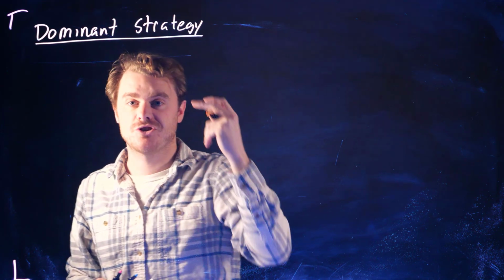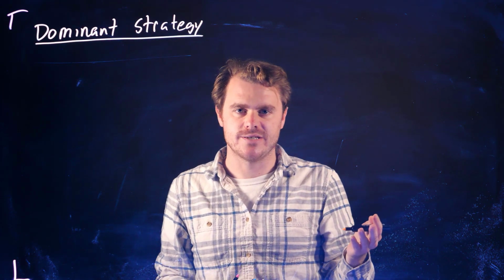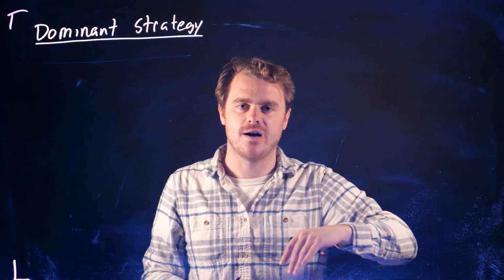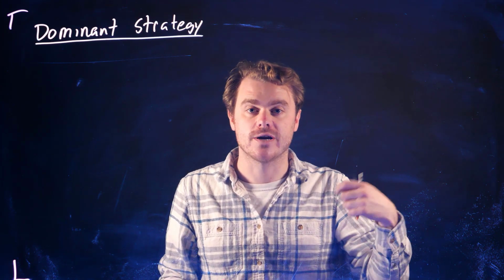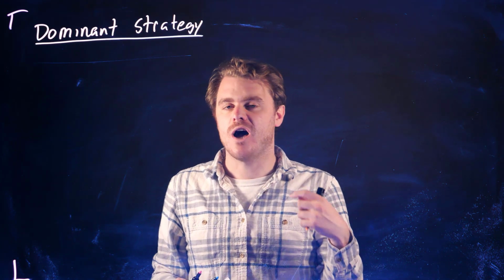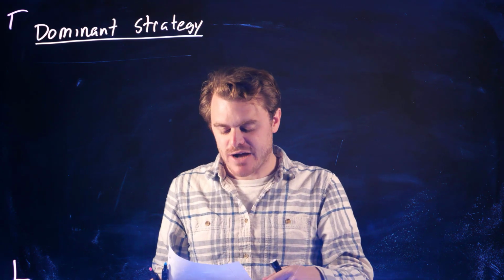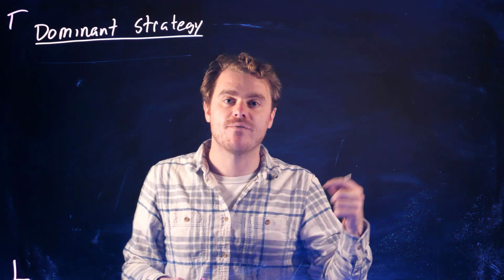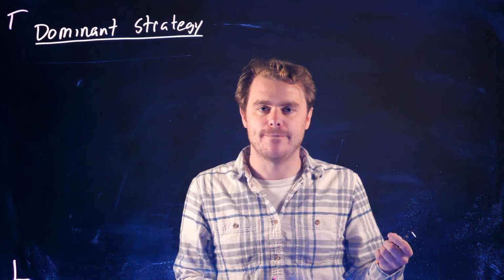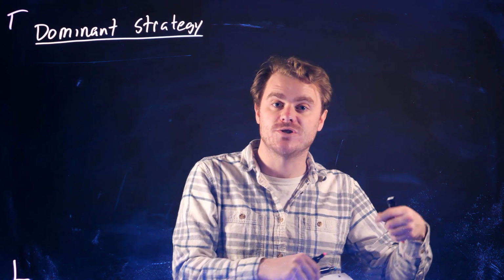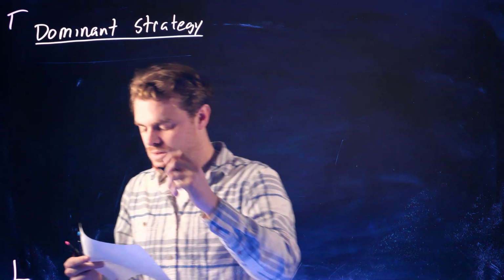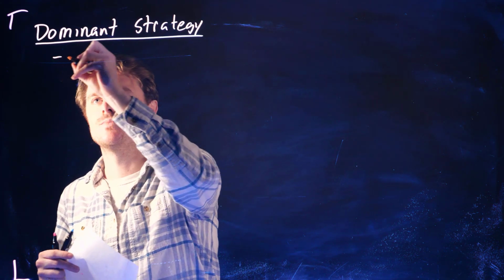So it's about a strategy. We had two strategies in that simple game we saw: cooperate or compete. And a dominant strategy is a strategy that's going to result in a higher payoff no matter what the other firm's strategy is, or the other player's strategy.